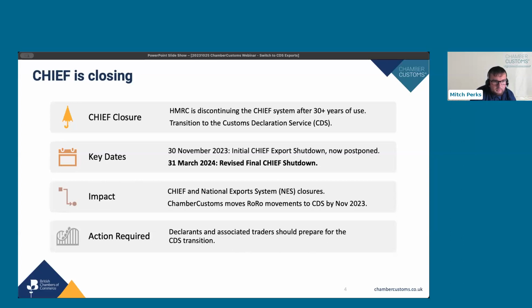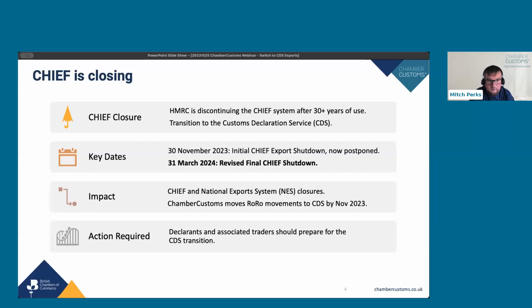The action required is that the declarants and associated traders should be prepared for the CDS transition. It isn't optional. We are dual running at the moment, so we are using Chief and CDS, and we've got that luxury to phase the approach and move across.